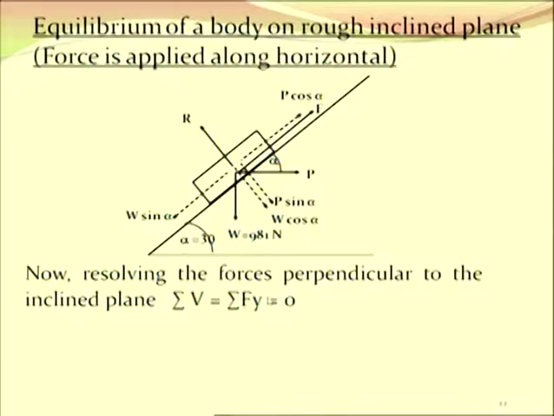Now resolving the forces perpendicular to the inclined plane. There R is acting upwards, P sin alpha acting downward, W cos alpha acting downwards. So R is positive, P sin alpha and W cos alpha negative. So putting these values, R minus W cos alpha minus P sin alpha equals 0.